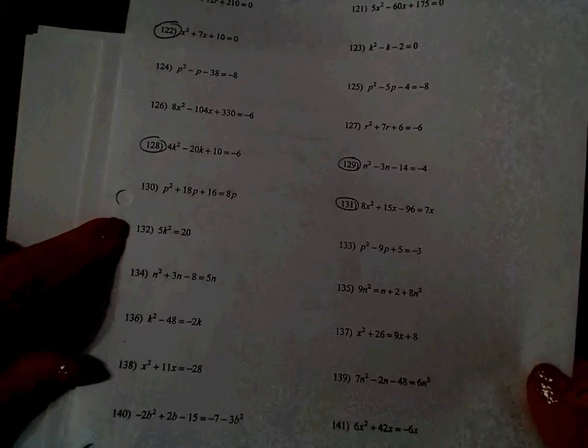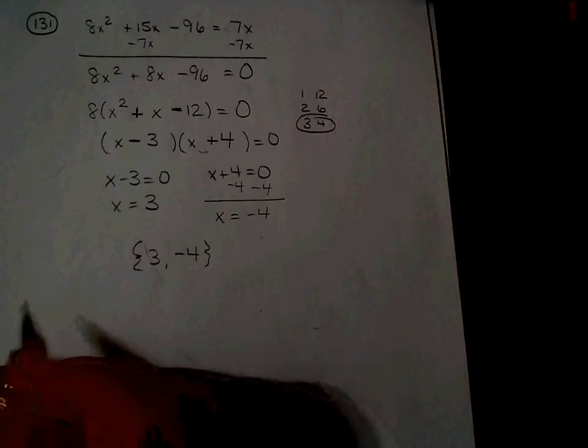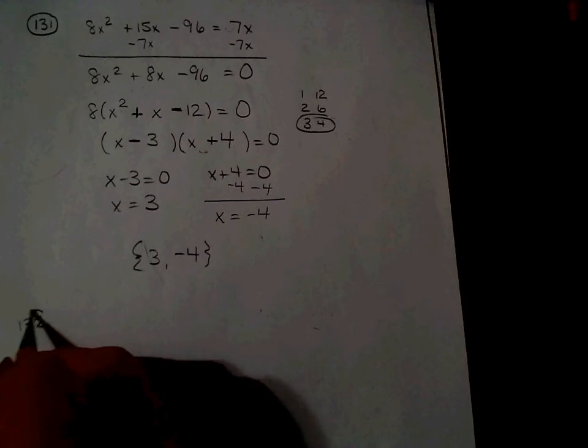I actually have one more that I want to do. I want to do 132, and then the rest of all of these I'm going to put on CUDA for you to finish. I want to do 132 just because it's a little bit different.